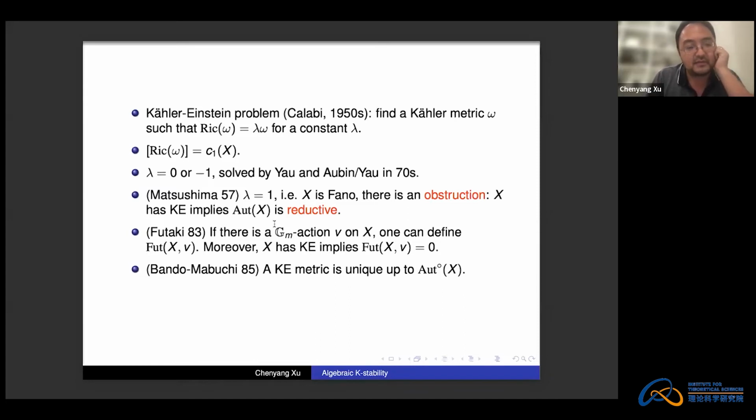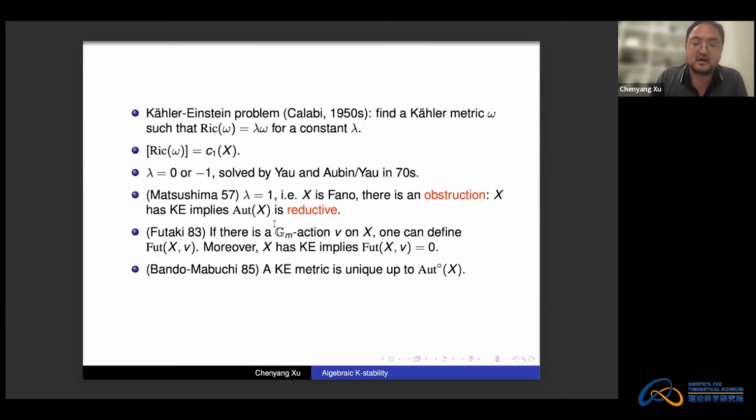Now we come back to the question of finding such omega. When lambda is equal to 0, this was solved by Yau. When lambda is -1, this was solved by Aubin and Yau independently. But arguably the most interesting case is when lambda is equal to 1, because unlike lambda equal to 0 or -1, where we always have a solution, when lambda is equal to 1 this is not always true.